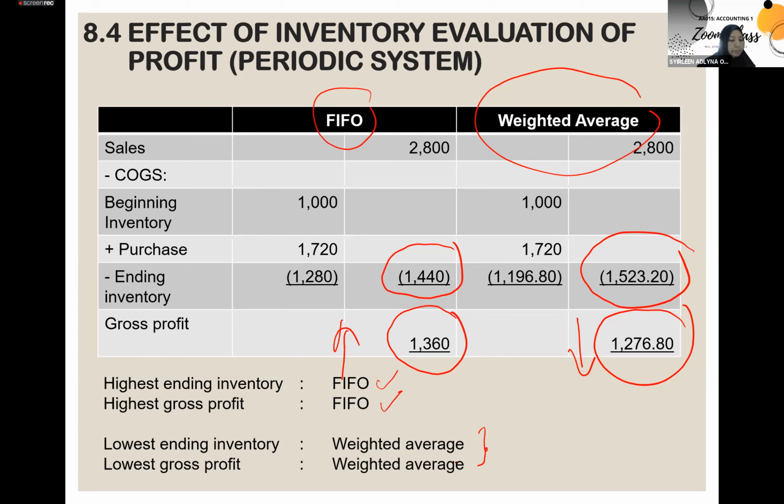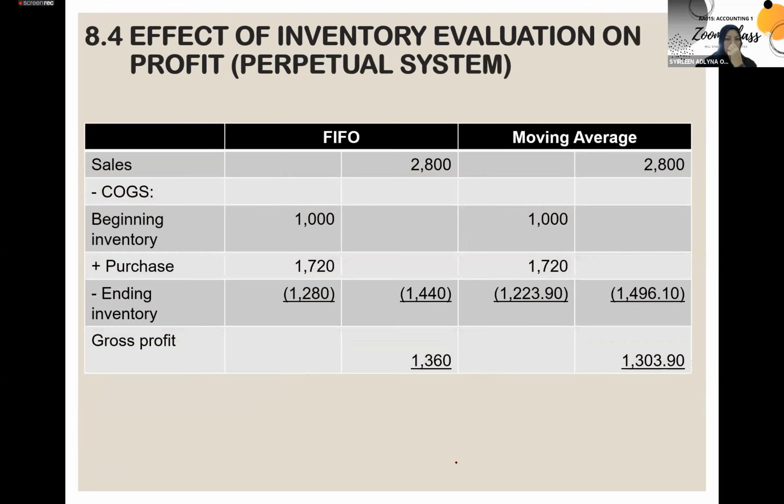Okay, and kalau saya guna perpetual, you tengok dekat sini, perpetual dia lebih fair sebab kita kira setiap hari. Okay, tapi masih ada perbezaan. Okay, kalau guna FIFO, your COGS is 1440, alright, and your gross is 1360.